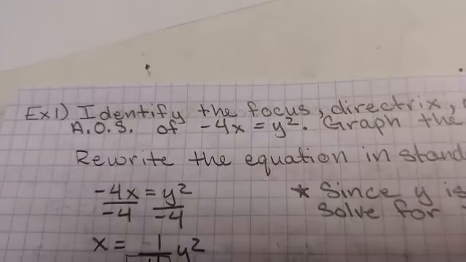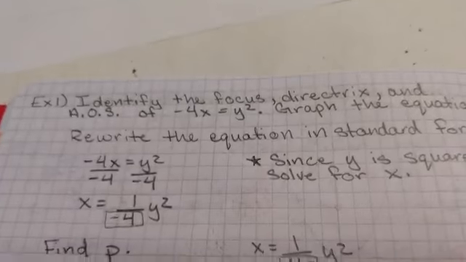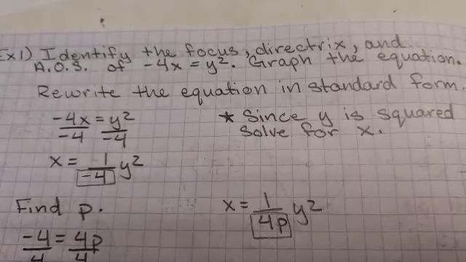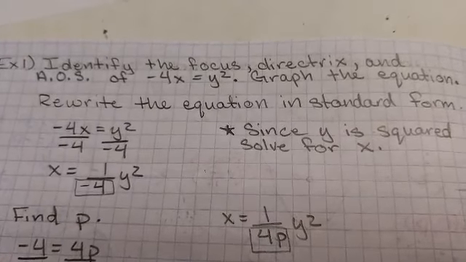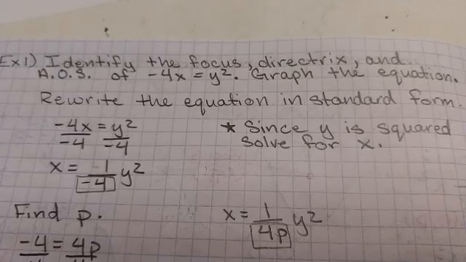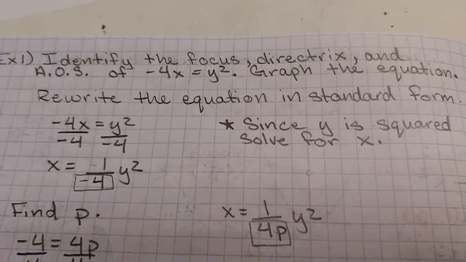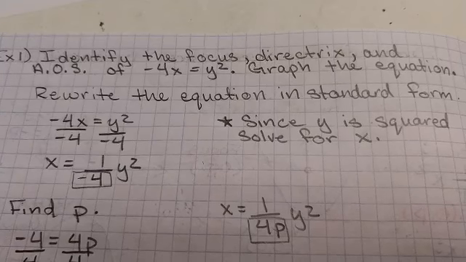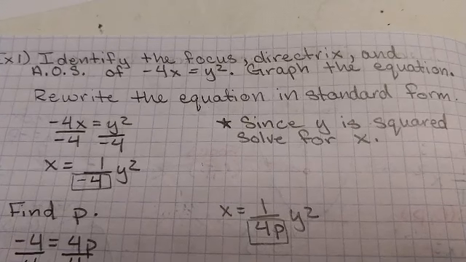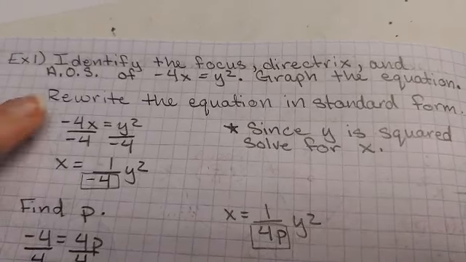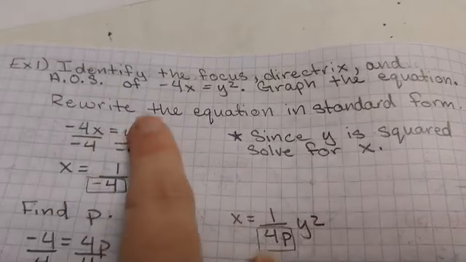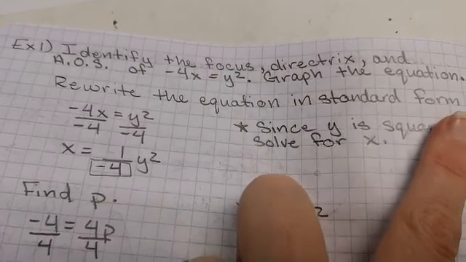Okay, number 1. Our goal is to identify the focus, directrix, and axis of symmetry of negative 4x equals y squared, and then graph the equation. So first, we need to rewrite our equation in standard form.